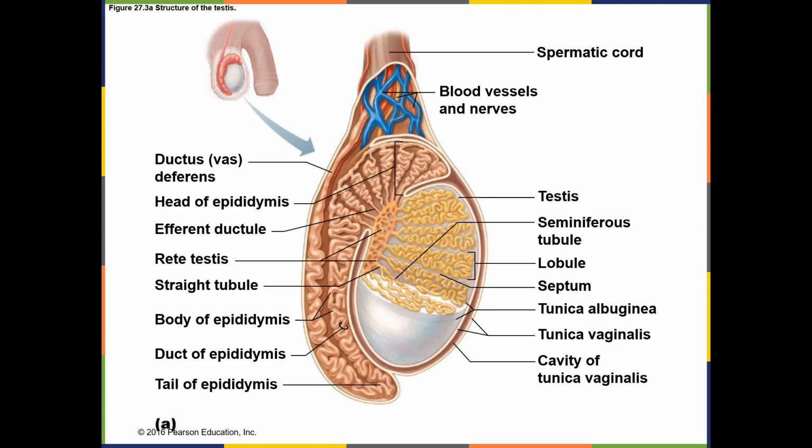You can see the blood vessels and nerves leading up through the cord. And you can see the individual lobules inside the testes. And you can see the seminiferous tubules. There's usually about 4 of them in each lobule, and there's about 250 lobules. You have an outer covering and an inner covering in here.